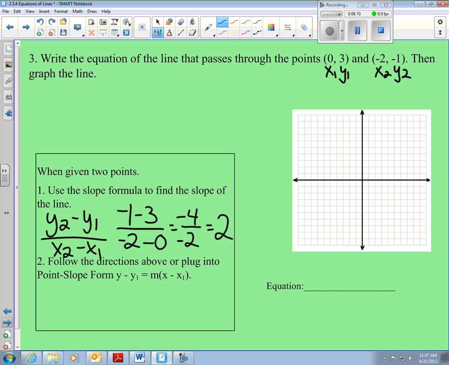Step 2 says follow the directions above or on the previous slide, or you can plug into point slope form, which we learned about last year in algebra. Point slope form, you can use either point to plug in, and we're going to use our slope that we just found. The y stays by itself, and I'm going to use my 3 from the y1 up there that's already been marked.